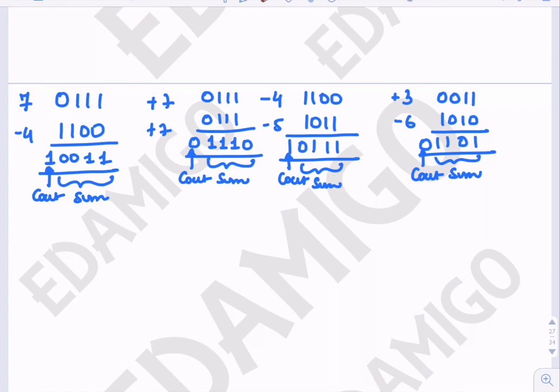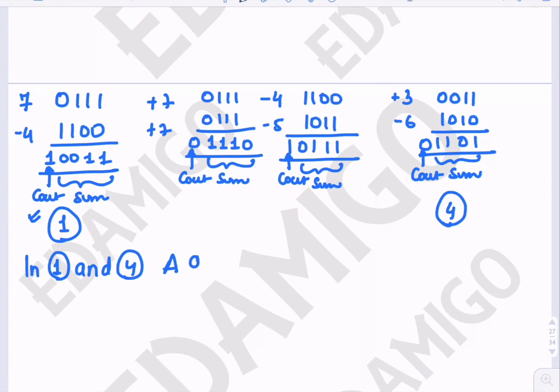Okay, now if we analyze, we can see that this is case 1 and this is case 4. In case 1 and case 4, the inputs A and B were of different sign.